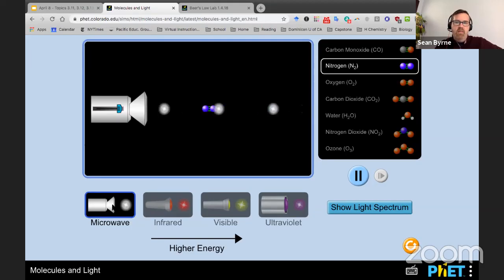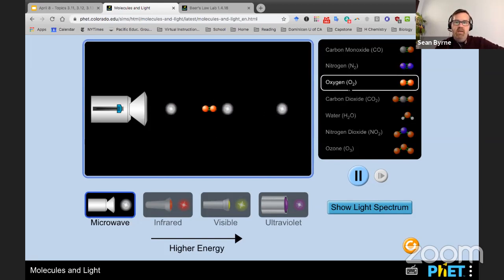What we saw happening with microwaves and carbon monoxide was some rotational motion, that these microwaves are causing the molecules to spin around or rotate in predictable ways. And that's not happening for nitrogen, and interestingly, would not happen for oxygen as well.